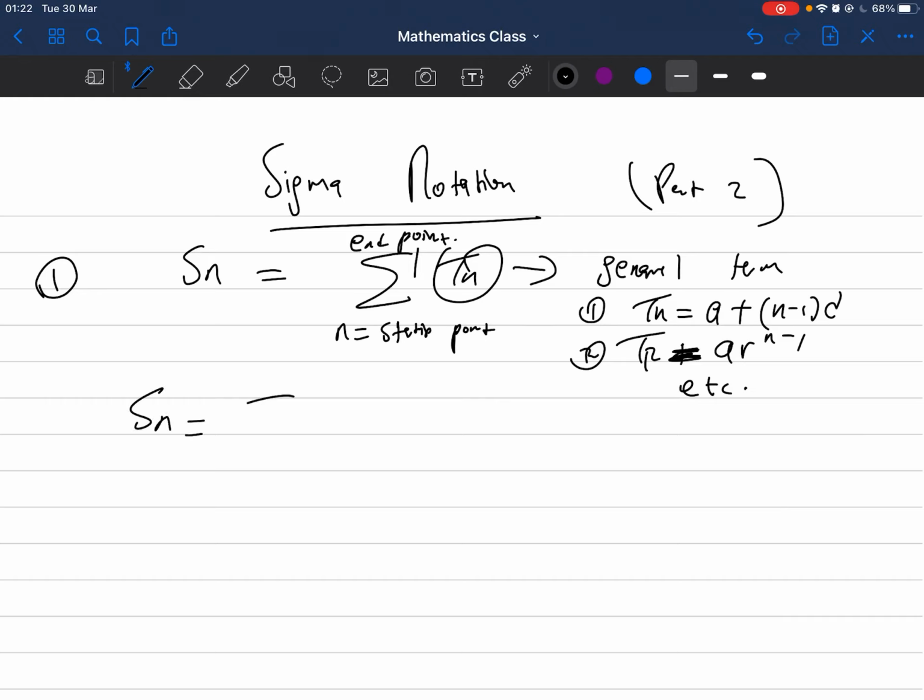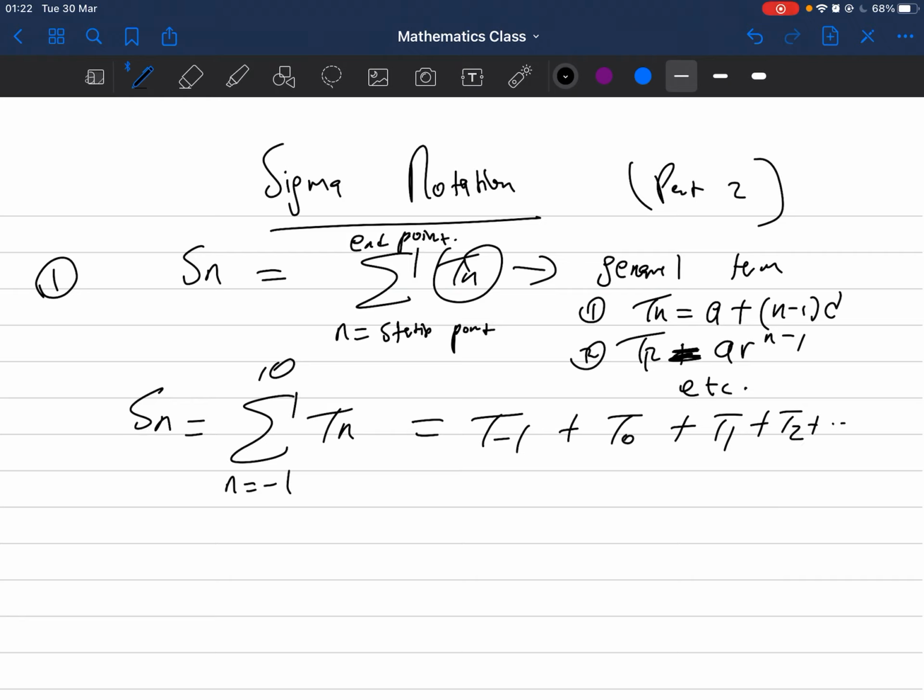Cool. So that's what you learned, and you've learned that if you're given Tn and it starts from -1, let's say it ends at 10, this will be the same as T-1 plus T0 plus T1 plus T2 until we have T10.